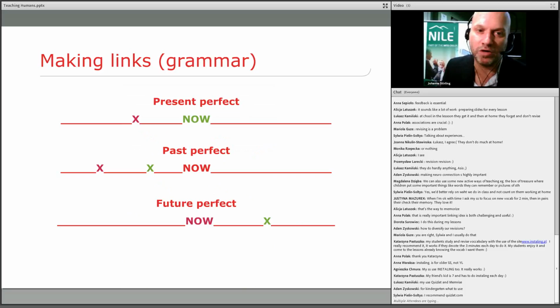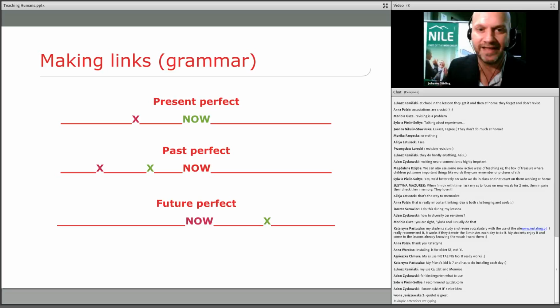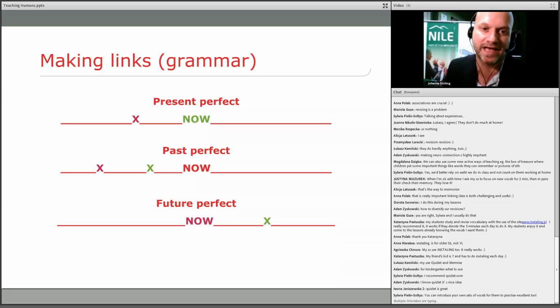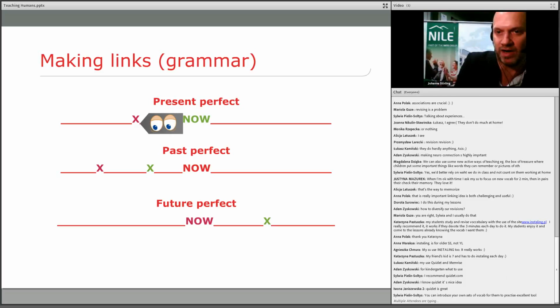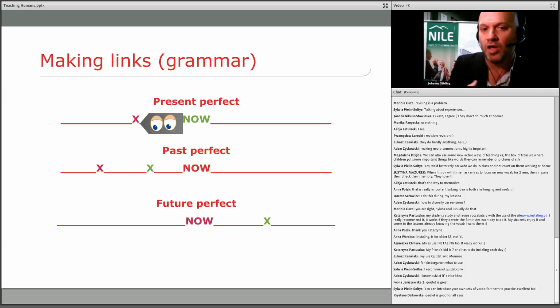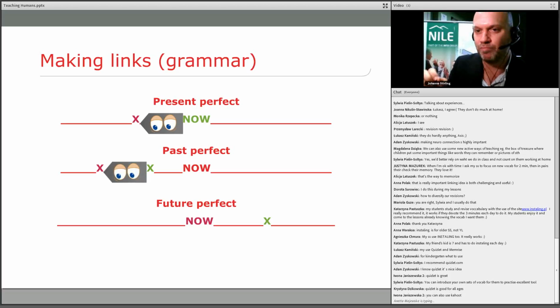So one example of this is within grammar. It's looking at the connections, looking at the links between different kinds of grammar, that we might say that the present perfect is connecting now to the past, right? But the past perfect is connecting a point in the past to another point in the past, right? So it's connecting the past to the past before that, right?